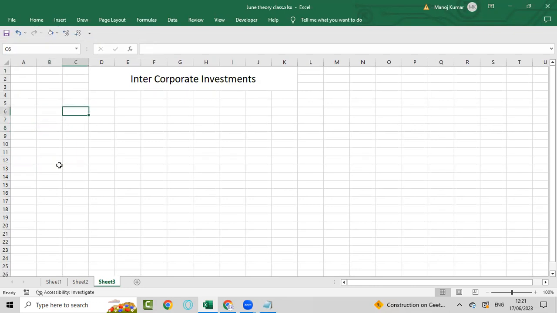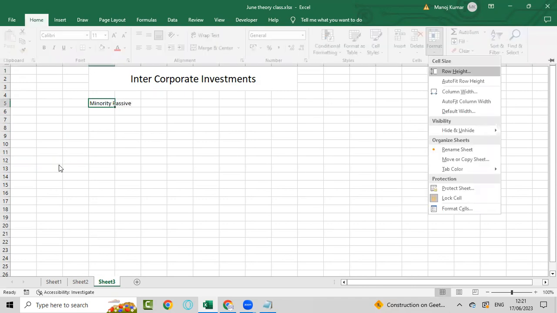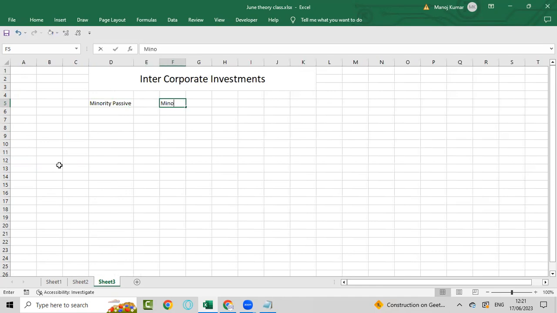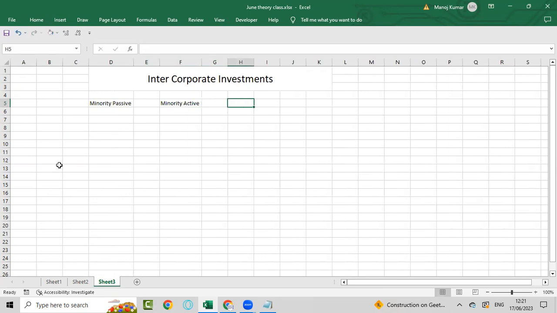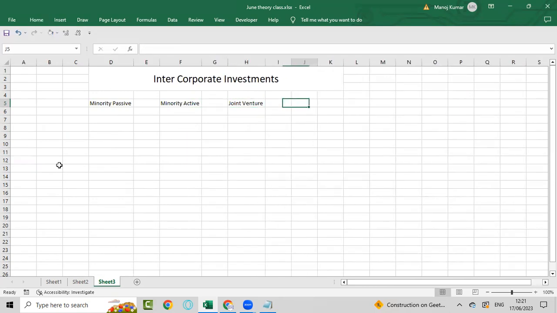It can be divided into 4 segments. One is minority passive investment, minority active investment, joint venture, controlling investments.